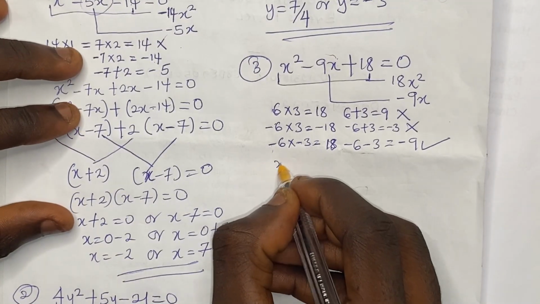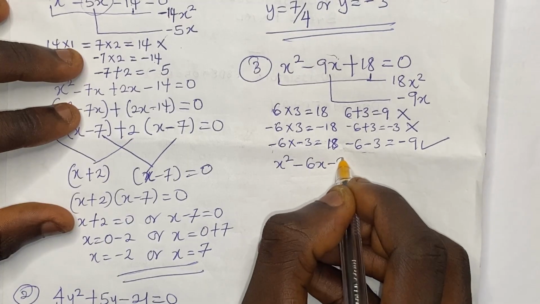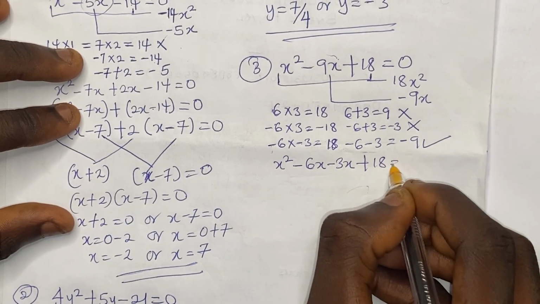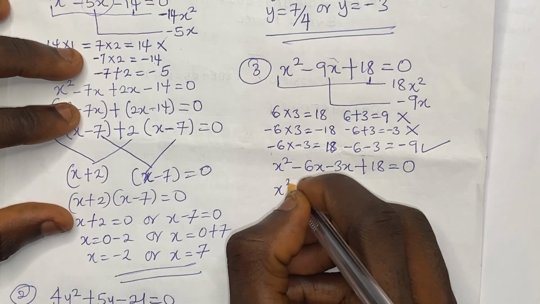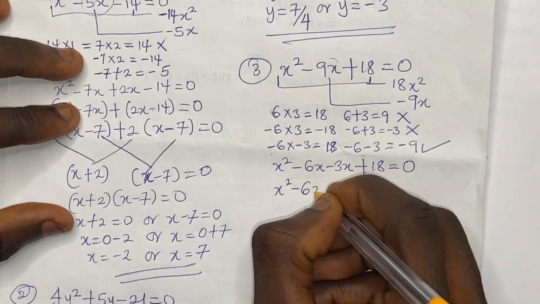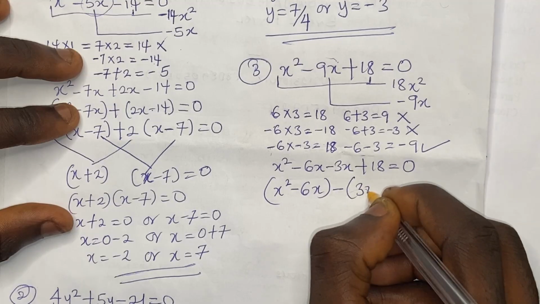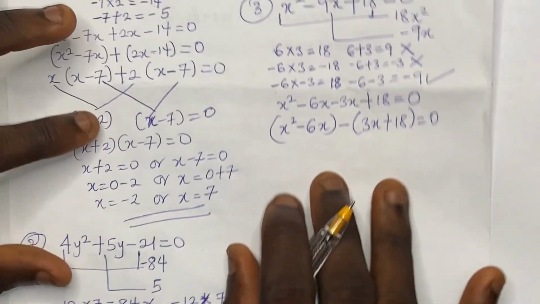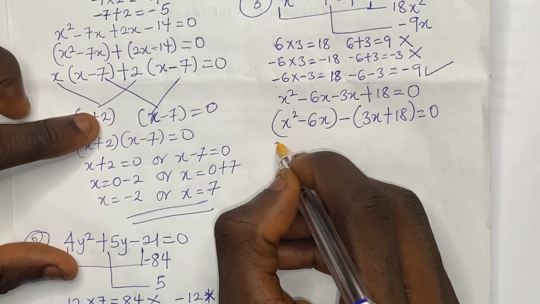So we have x squared minus 6x minus 3x plus 18 equals 0. And then I'll pick them two by two. So that will be x squared minus 6x, minus 3x plus 18 equals 0. And that will give us x, what's coming between this one? x.